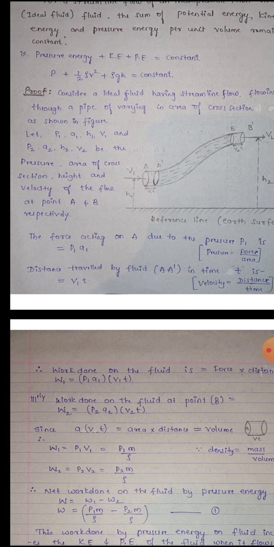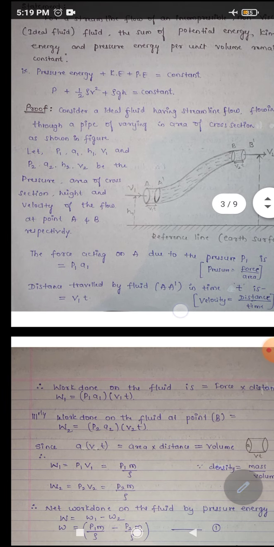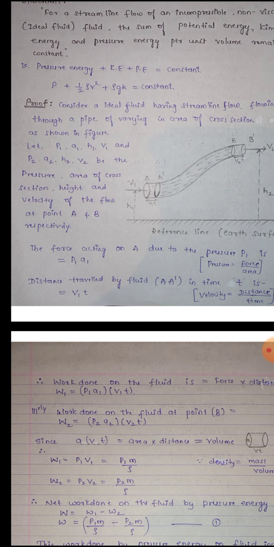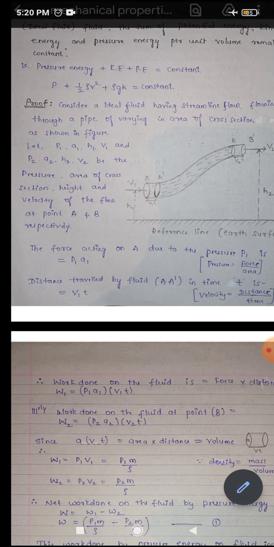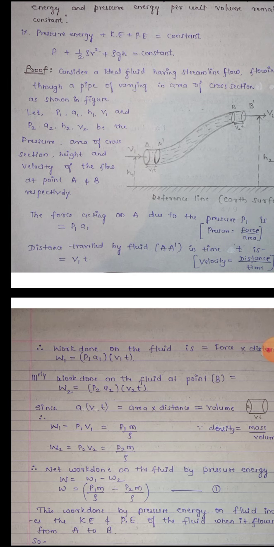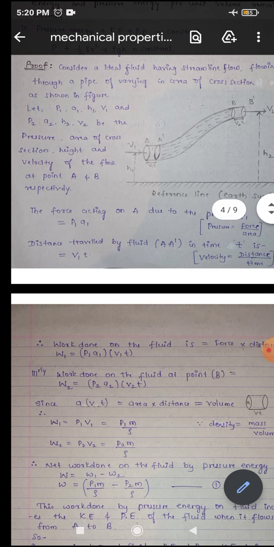We know the velocity of the fluid and the time, so the distance covered is V1 into t. By these two equations we know the force acting on end A and the distance travelled by the fluid.